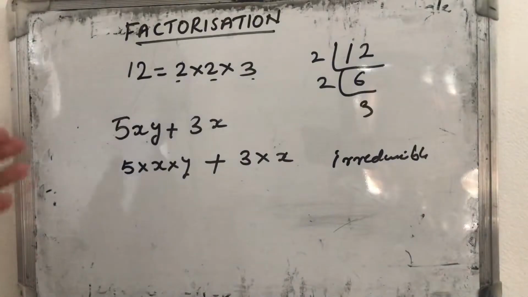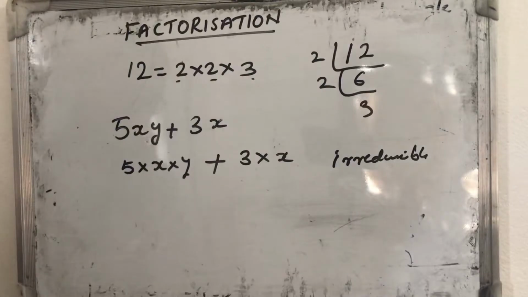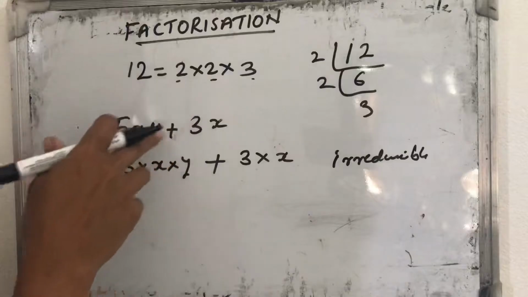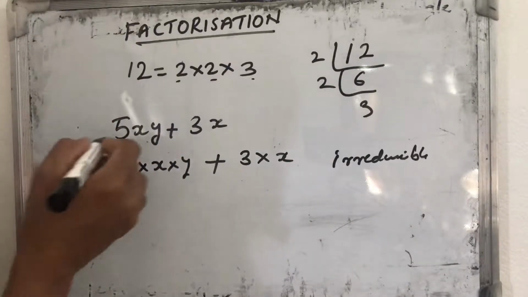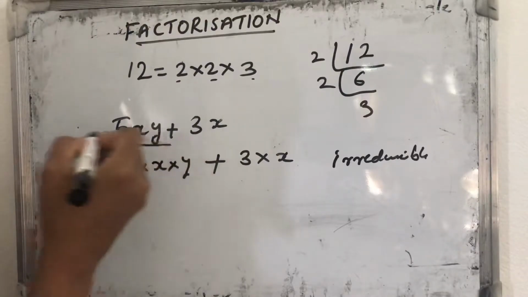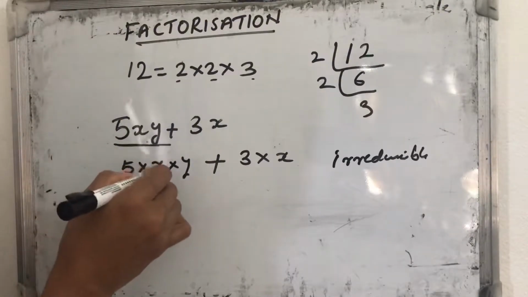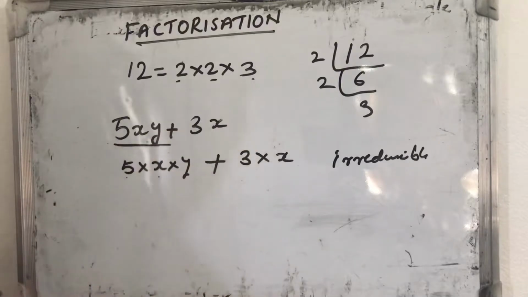When we write an algebraic expression as a product of its irreducible factors, it is called factorization of the expression. So 5xy plus 3x is written as 5 into x into y plus 3 into x.